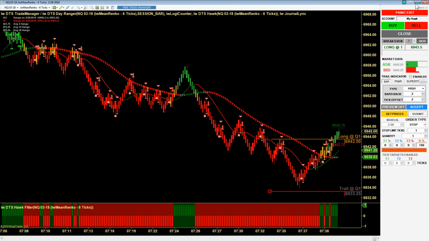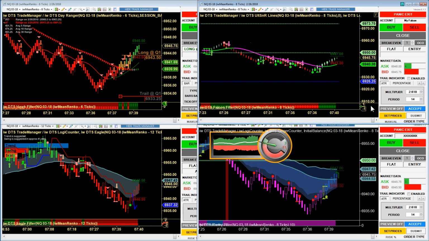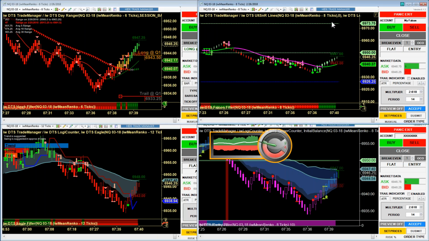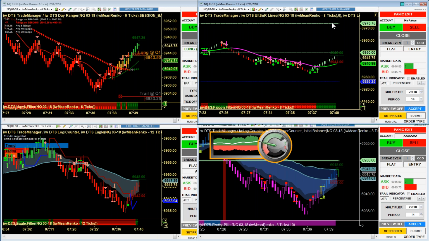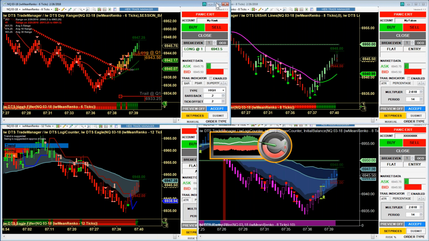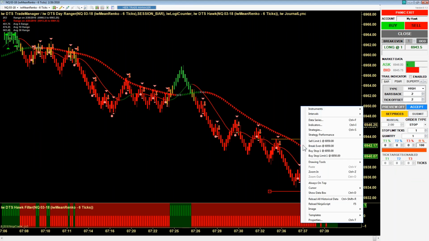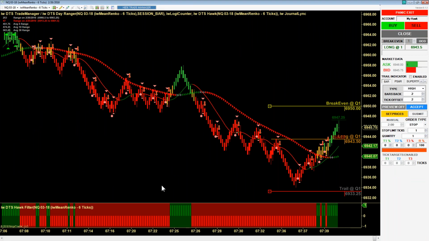All right, where's our resistance line? So we got one again at 69.50, and after that was 69.73, which is probably pretty darn close to the high of the day. Okay, I'll set myself a break even here at 69.50.